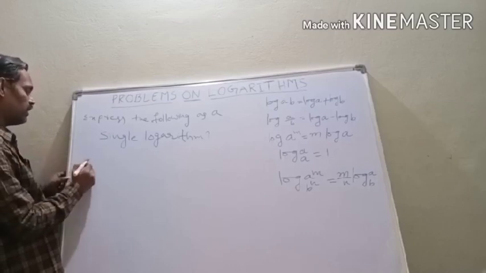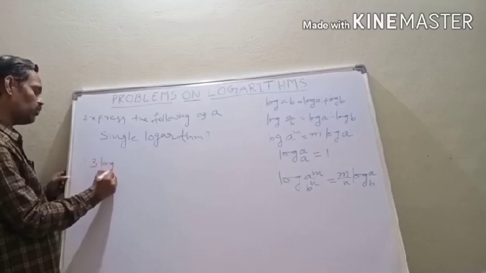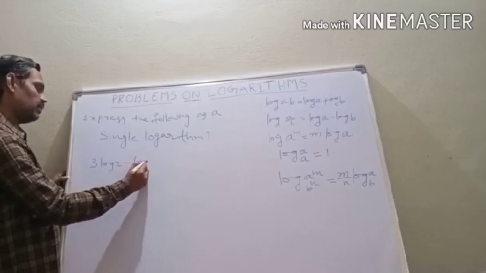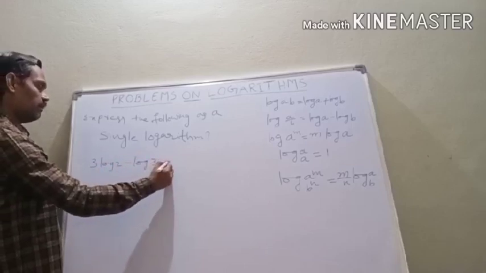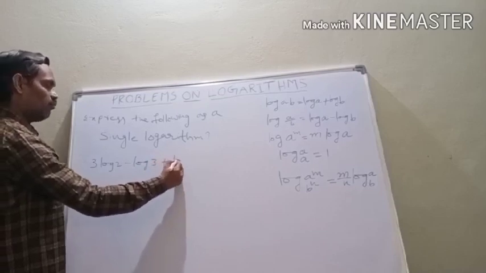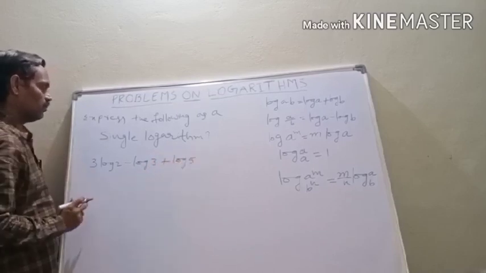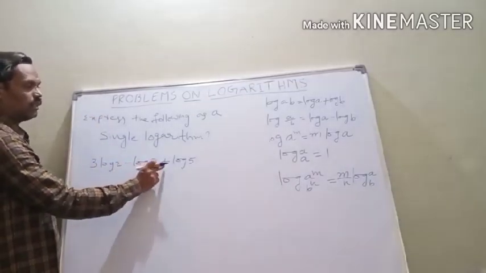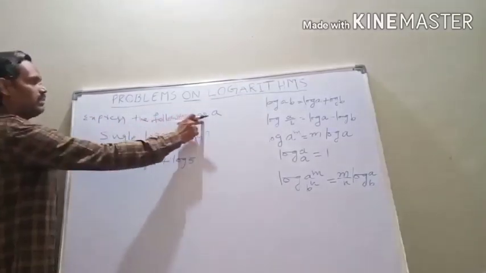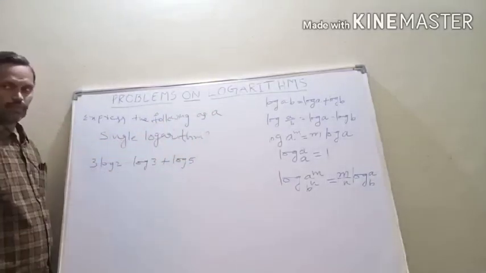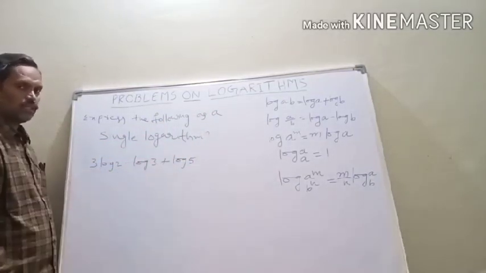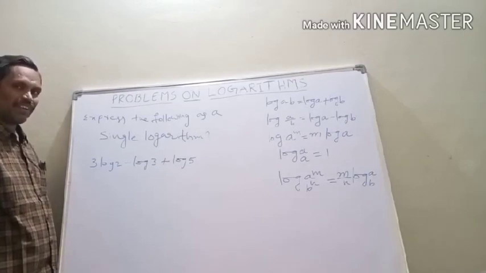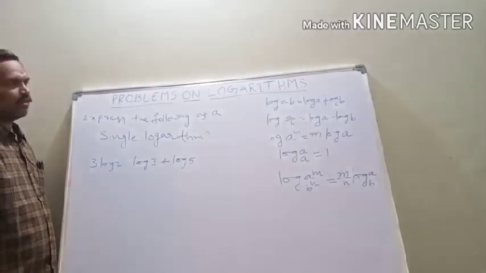For example, you have like this: 3 log 2 minus log 3 plus log 5. So the problem is like this: express 3 log 2 minus log 3 plus log 5 as a single logarithm. Here we have 3 logs. These 3 logs can be reduced into a single log.